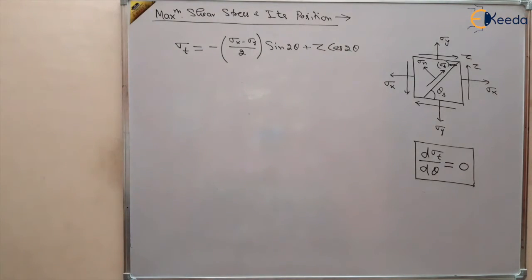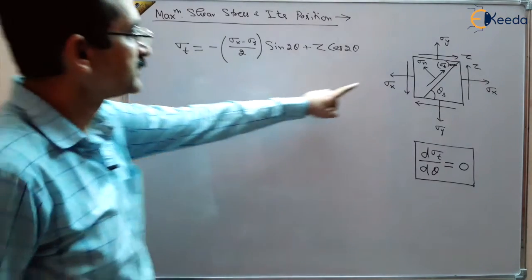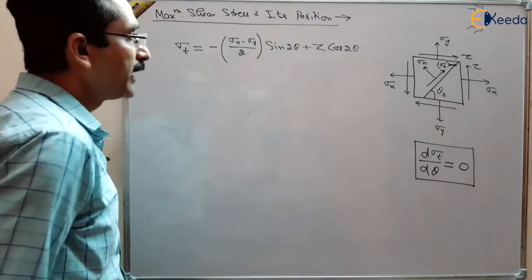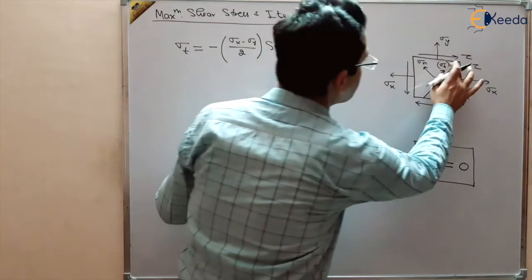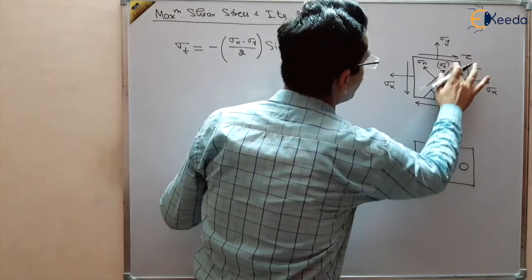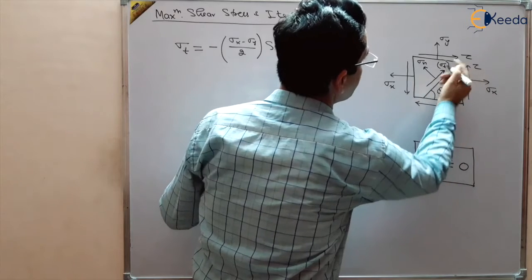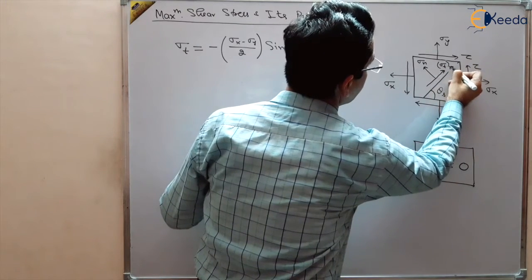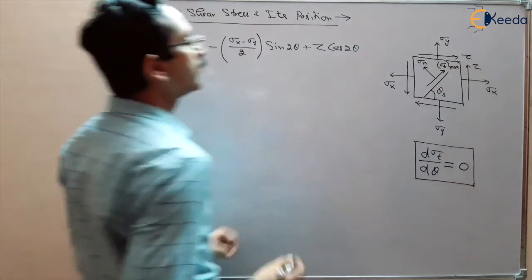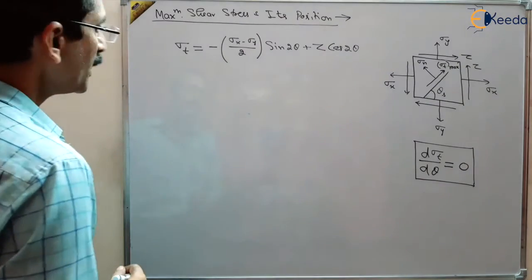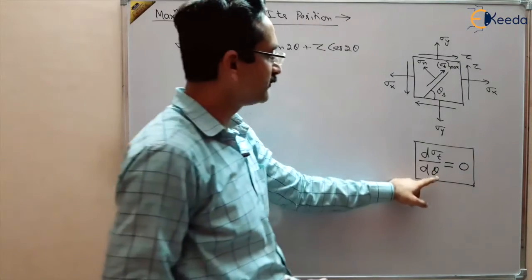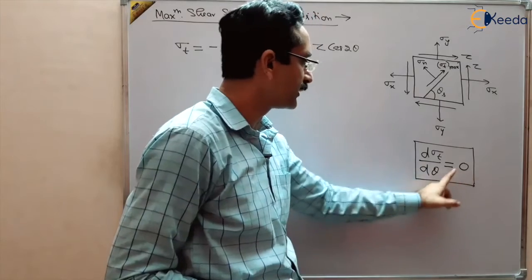This was the formula for our tangential stress sigma t at a certain plane. And now we want to find out the maximum value. What is the maximum value of this sigma t max? This we want to find out. So for maxima, we can differentiate it with respect to theta and equate to 0.